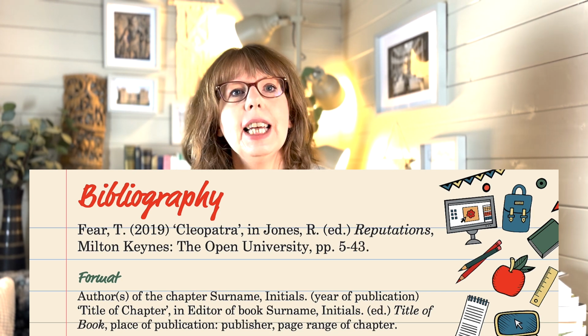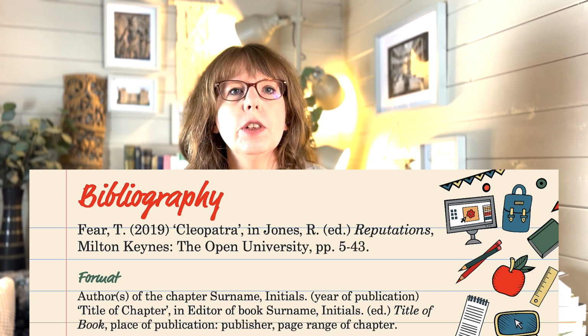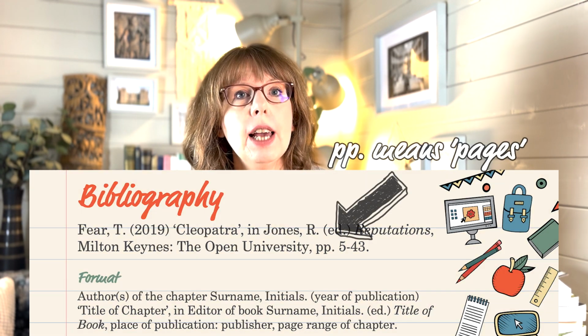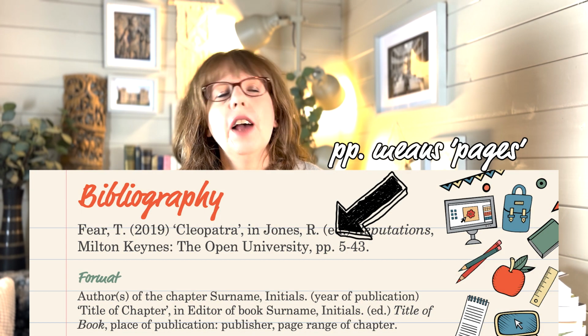And I add this by using PP full stop to indicate a page range, and then add 5-43. At the end of the reference, I'll add a full stop. And that's it. Here's what the finished full reference looks like, which I can now add to my bibliography.